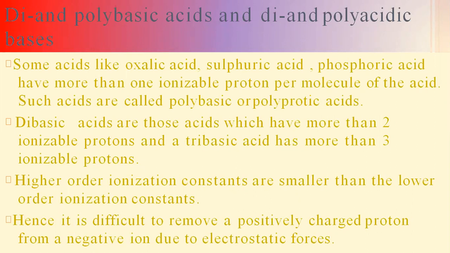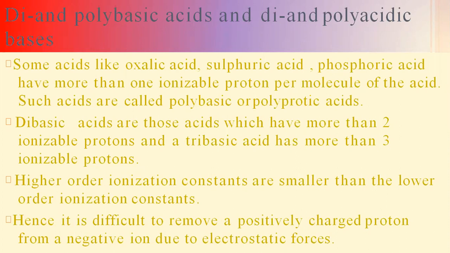Dibasic acids are those which have two ionizable protons and tribasic acids have three ionizable protons. Di means two ionizable protons and tri means three ionizable protons.